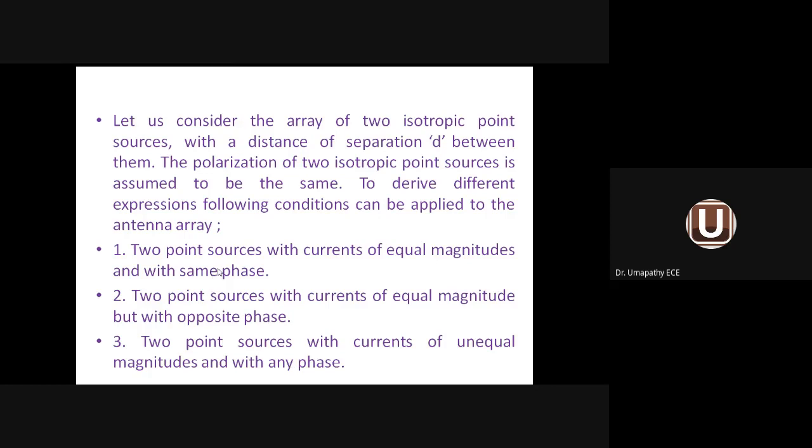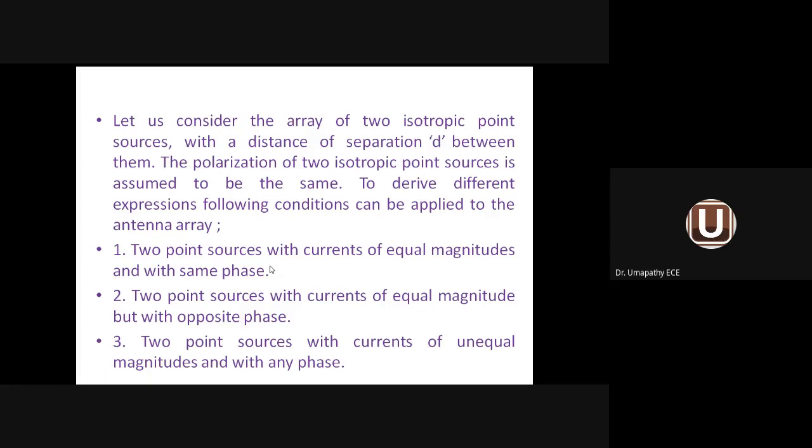For each case, we are going to draw the radiation pattern. We are going to draw it for case 1 and case 2, but not for case 3. Case 1 and case 2 will do. To draw the radiation pattern, I need 3 angles: one is the maxima angle, another is the minima angle, third is the half power point angle.